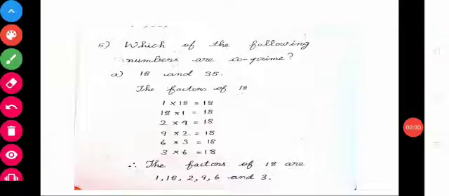The next sum: which of the following numbers are co-prime? 18 and 35. The factors of 18: 1 18 is 18, 18 ones are 18, 2 nines are 18, 9 twos are 18, 6 threes are 18 and 3 sixes are 18. The factors of 18 are 1, 18, 2, 9, 6 and 3.